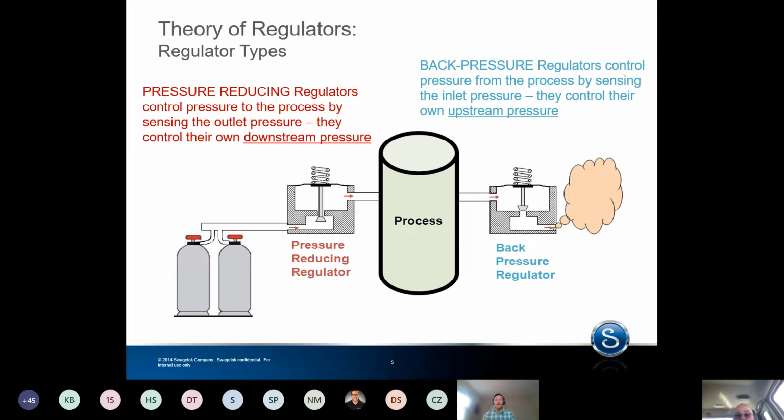And if you do have back pressure regulator questions, don't hesitate to ask. We just won't cover a ton of that content today, but I'm sure Gary and the team would be happy to have further discussions, or even a quick session on what those back pressure regulators can do, if there is the need for that. So again, don't hesitate to ask back pressure regulator questions.